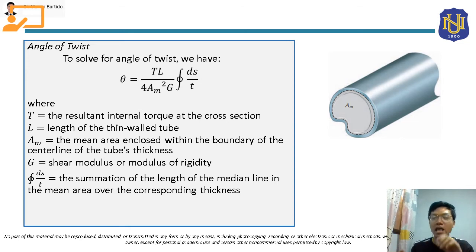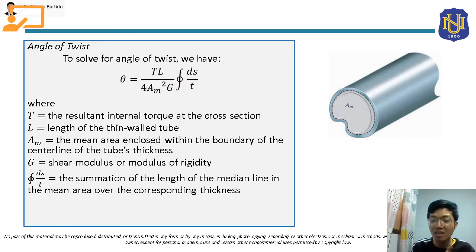Now for shapes like a rectangle, square, triangle, or any other shape that is composed of straight lines, to solve for the length of the median line, that is just the perimeter of the shape, and it will be divided by the thickness.